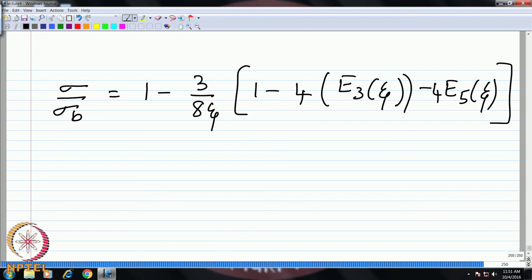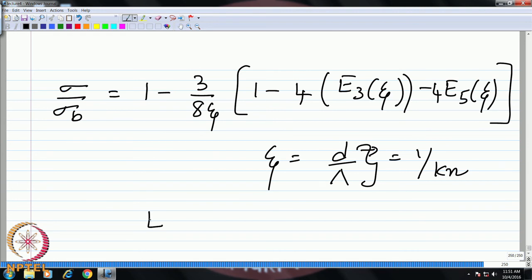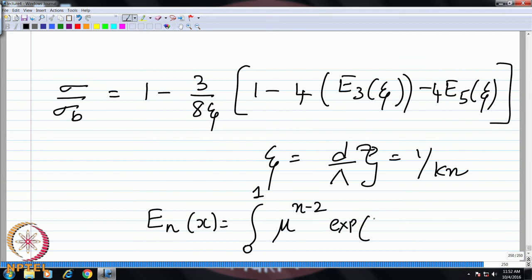Okay. And what is zeta? This is nothing but d by the mean free path, or this is equal to 1 over Knudsen number. And my E subscript n of x indicates the integral from 0 to 1 of mu power n minus 2 exponential minus x by mu d mu.